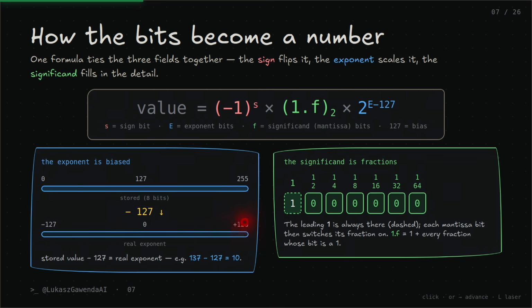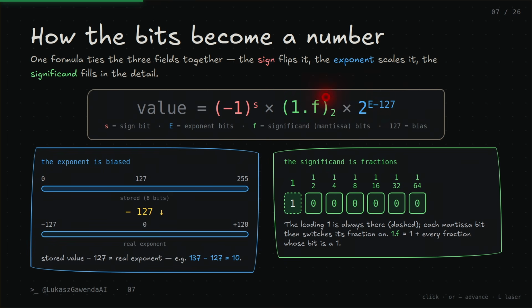This is because we want to represent the negative and positive values, so we move all the range. So 127 is in the middle of 255. So then when we store the value, the real value will be when we subtract this, because we move the scale by 127. So if from the bits we have 137, then we subtract and we get 10 for this formula.